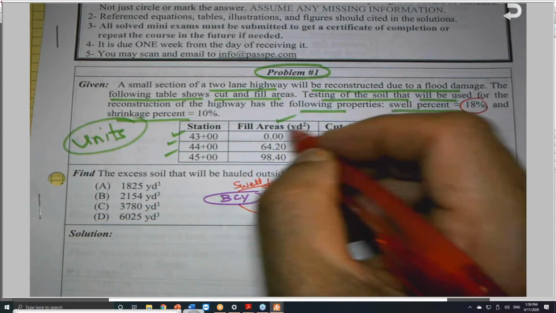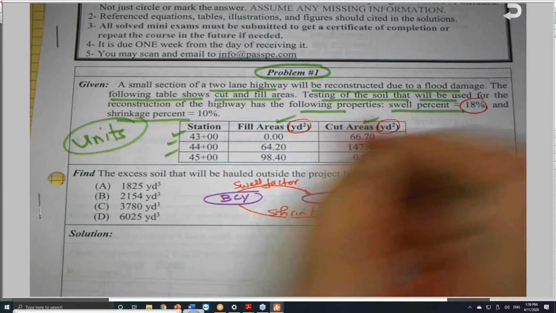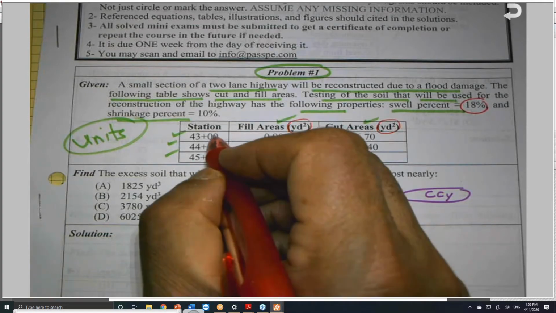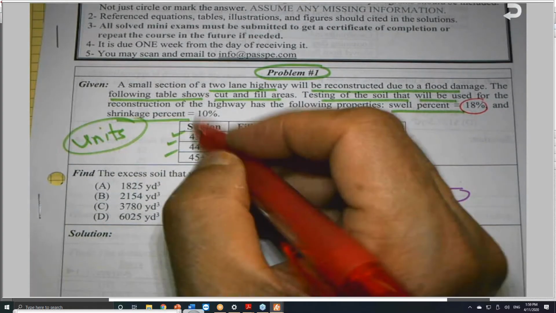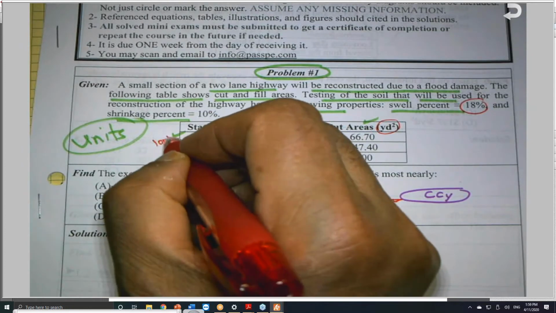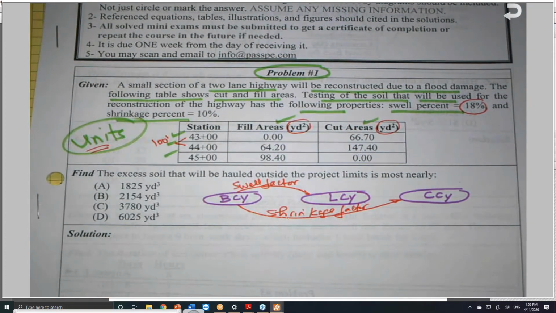So here he gave you the area in square yards, and the station is in feet. Station 43 to 44, the distance from here to here is 100 feet. Don't forget units. Here it is, the killer, the common mistake.